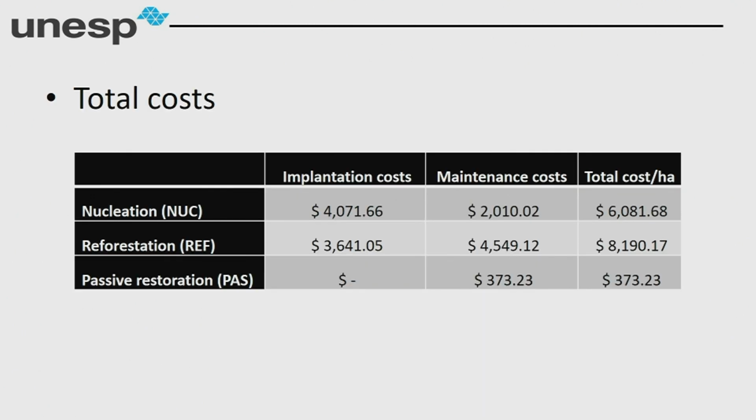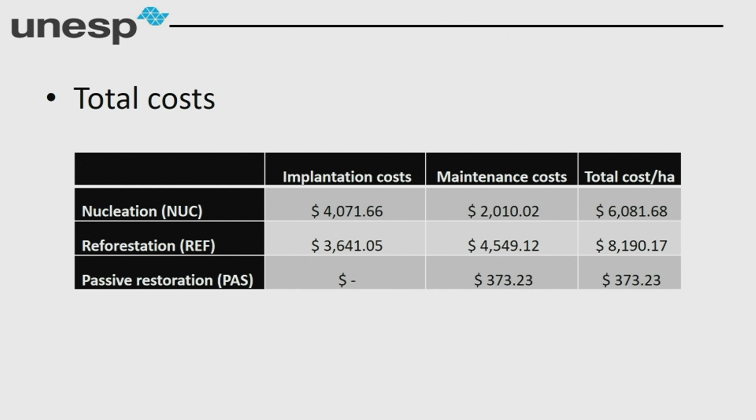So talking about the costs, I just brought a summary of these costs because I have it all in my dissertation. So the implantation costs for nucleation were about $4,000, which is higher than reforestation. That was only $3,600. However, the maintenance costs for nucleation are lower than reforestation.